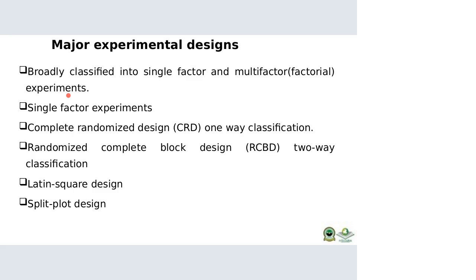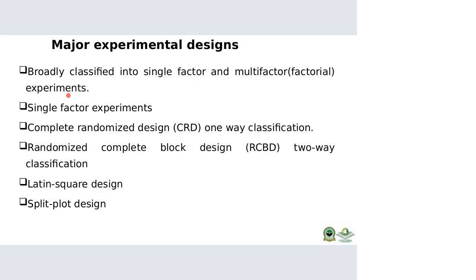There are quite a number of designs: Latin square, split plot, and so on and so forth. We will concentrate on the two: completely randomized design and randomized complete block design. Completely randomized design is referred to as one-way classification, whereas randomized complete block design is referred to as two-way classification.